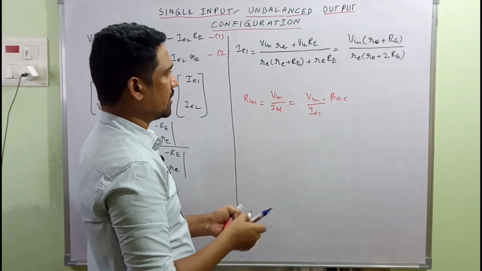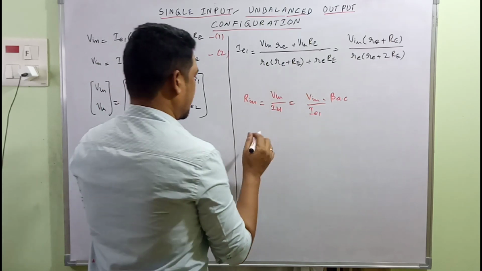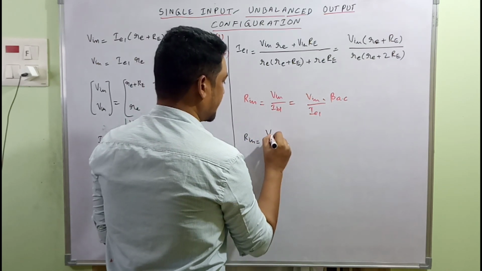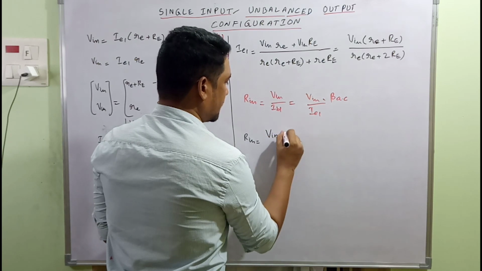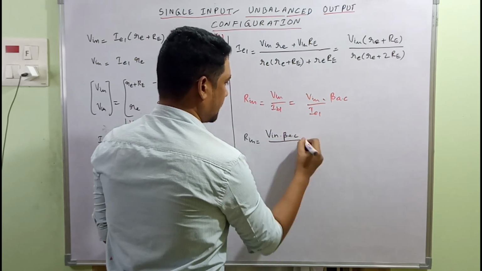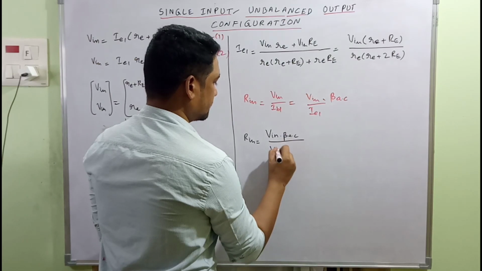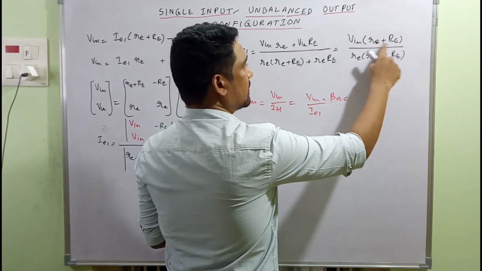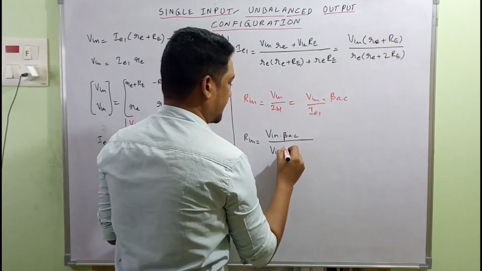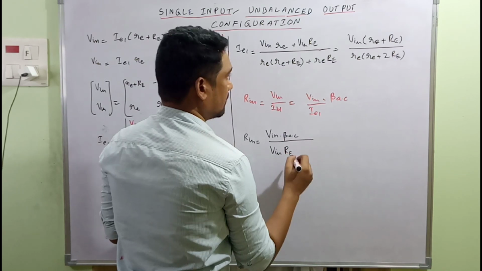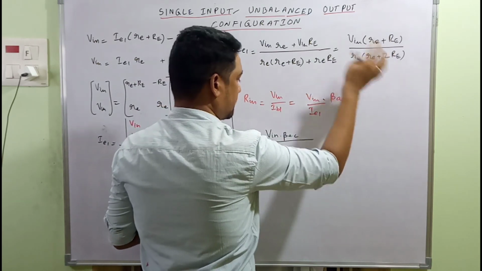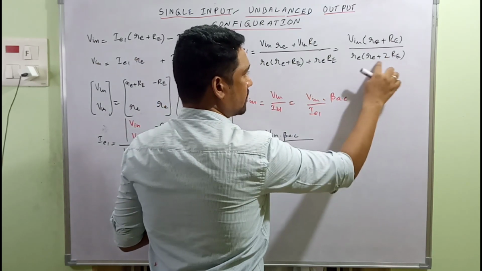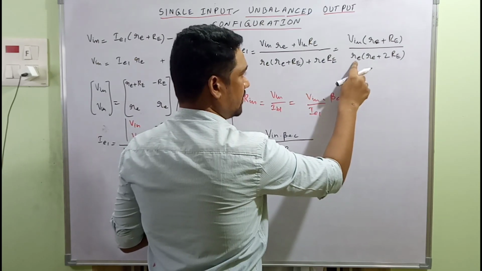Now plugging in the value of IE1 over here, we will have the expression for R in. Final R in will be equal to V in in the numerator, and beta AC upon IE, V in. A small simplification over here: when compared to this one, this is very small, so this will be left and this will be left.